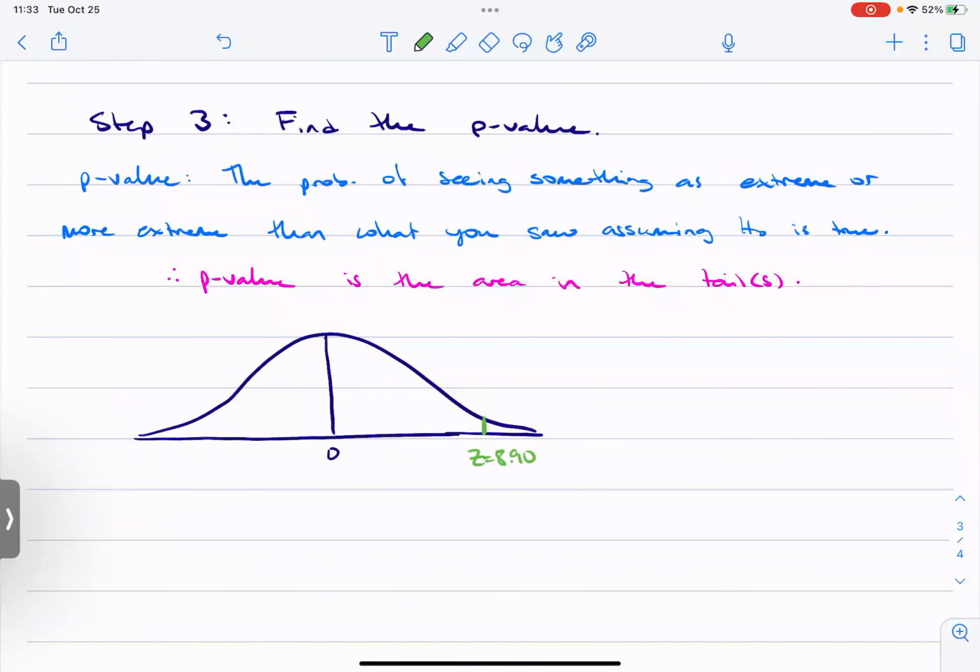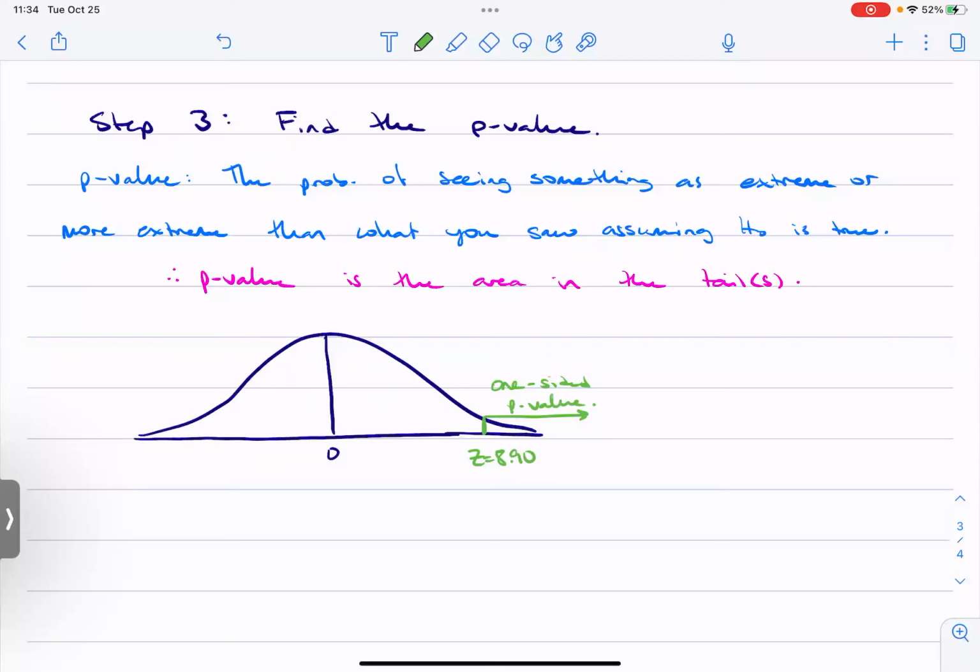What we want is this area in the tail as extreme or more extreme, right? So that's going to be our one-sided p-value.